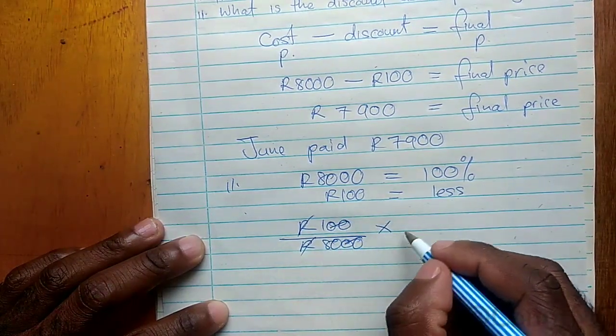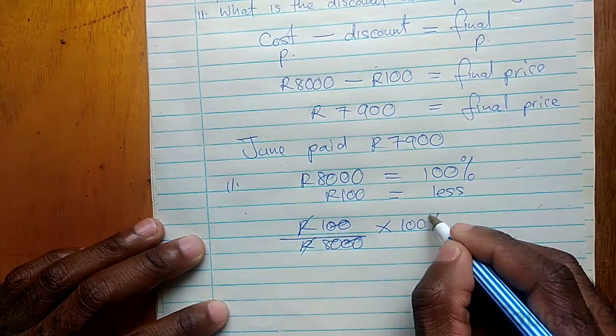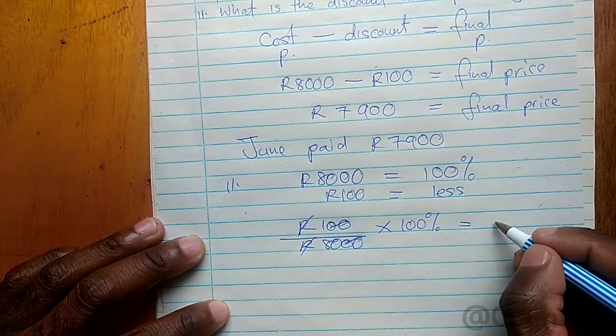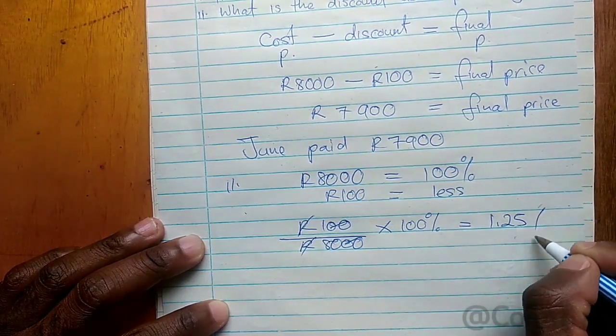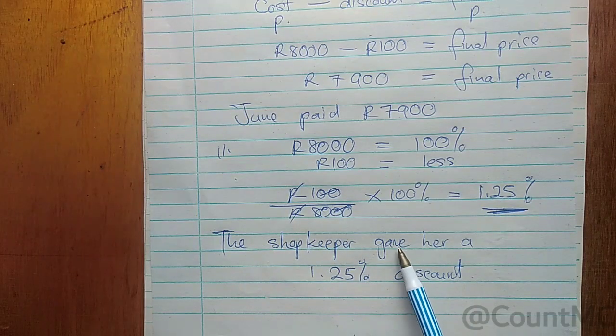So it's 1/80 multiplied by 100%. This is going to be 1.25%. So we say the shopkeeper gave a 1.25% discount.